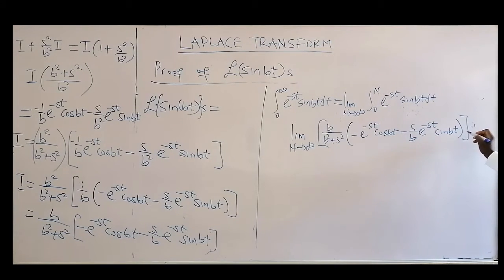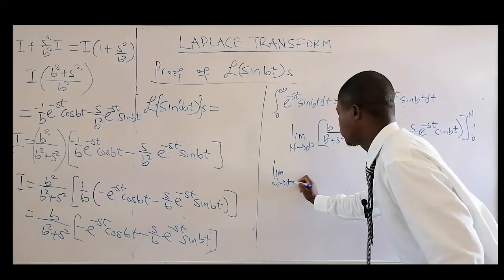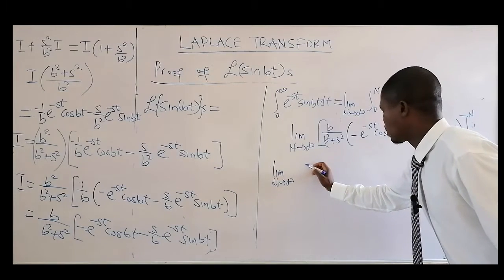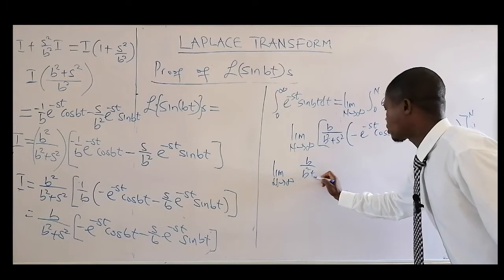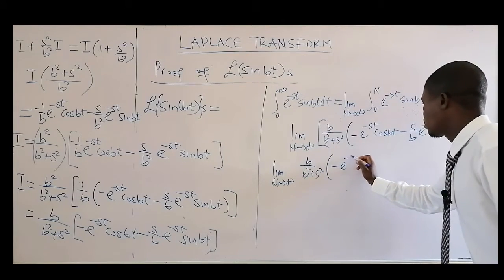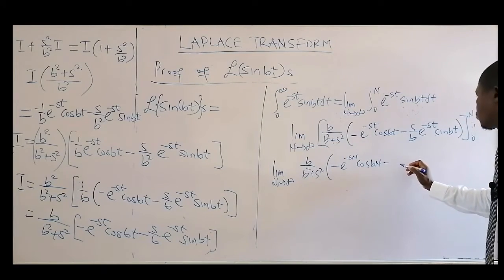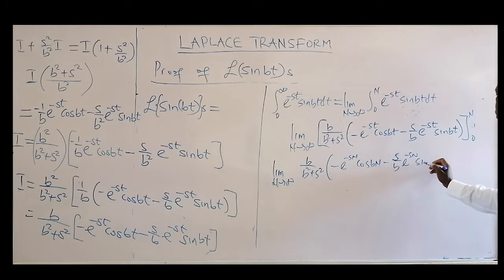Then we can put the upper boundary n and lower boundary. We substitute, and that will be equal to the limit as n tends to infinity of b over b squared plus s squared into, for the upper boundary, minus xn cos bn minus x over b e to the minus n sine bn. Okay, that's the upper boundary.